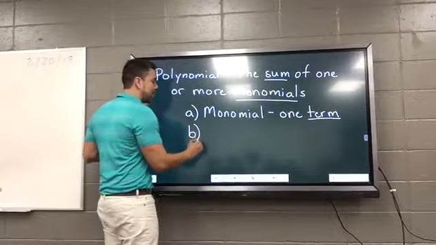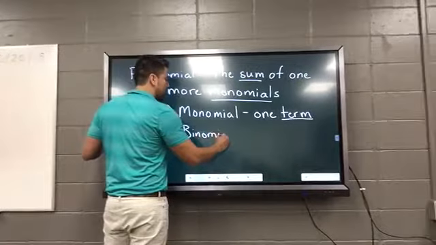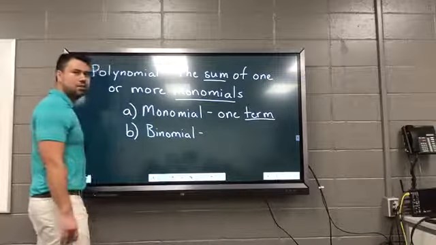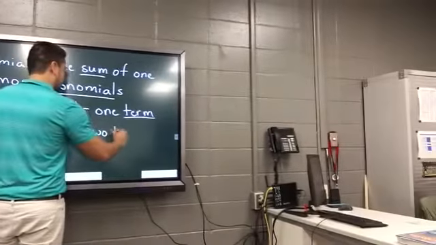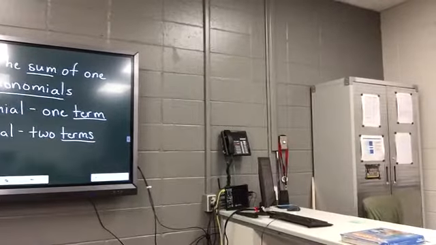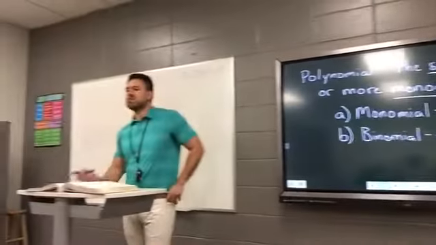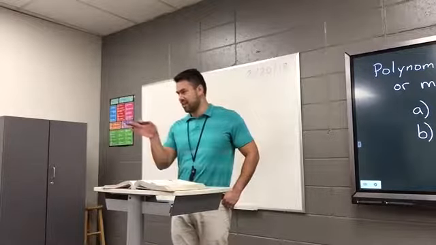The second type of polynomial is, as some of you said, a binomial. How many terms do you think a binomial has? Two terms. How do you know it's two?